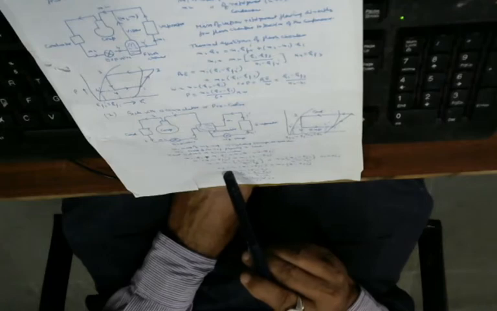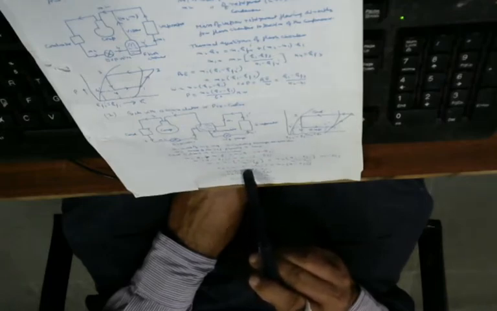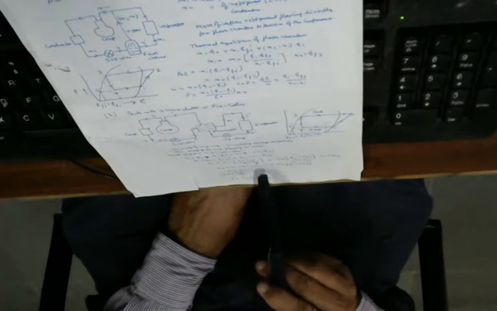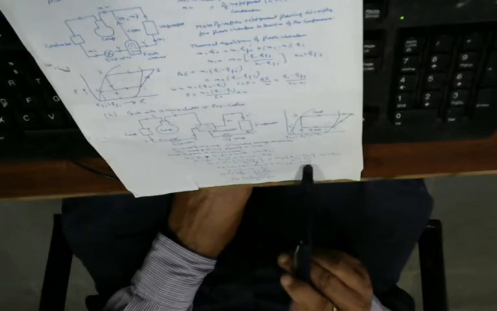Therefore, the refrigerating effect is equal to M1 into H1 dash minus HF4 dash, which is equal to M2 into H1 minus HF3.